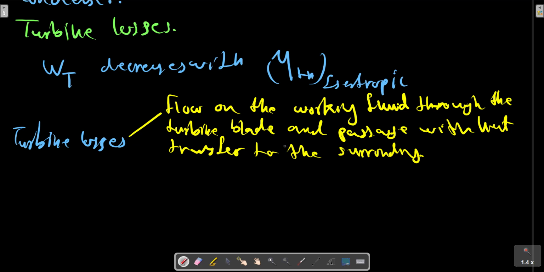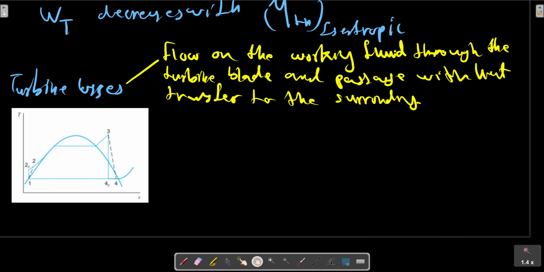The turbine process may be represented as in this picture, where state 4s is the state after the ideal isentropic turbine expansion, table 4.4s.